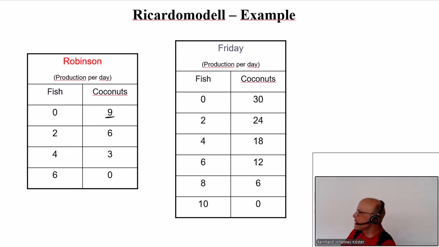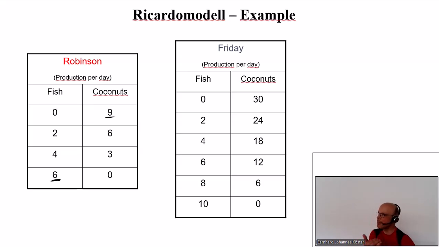If he does this the whole day, then he could pick 9 coconuts. And if he would only catch fish the whole day, then he could catch in total 6 fishes.